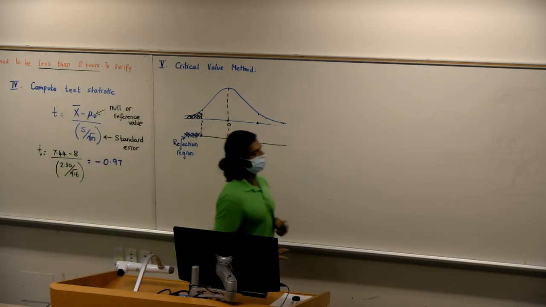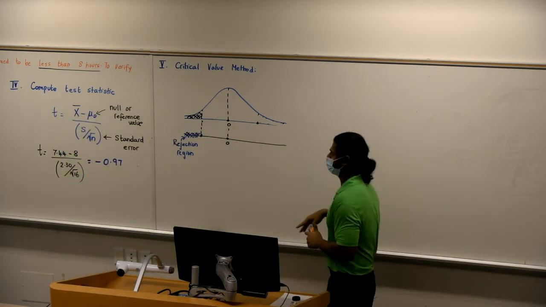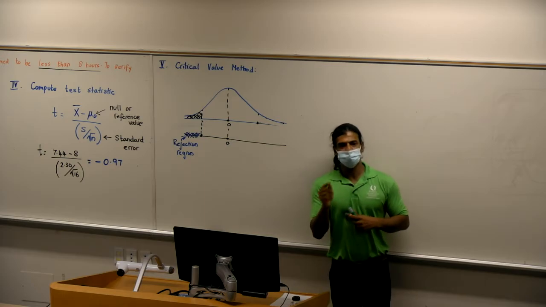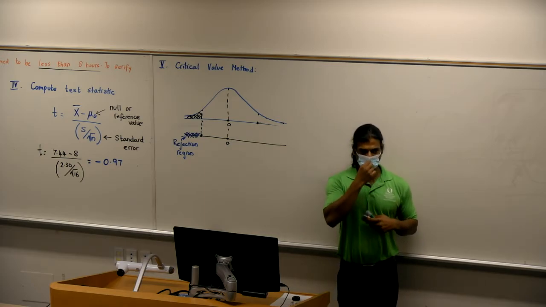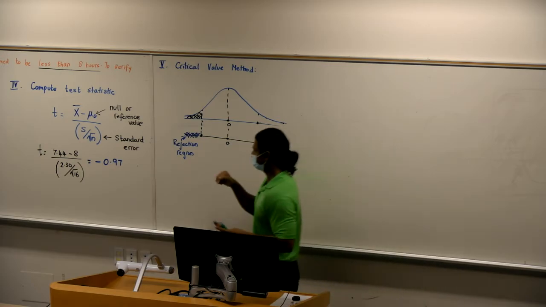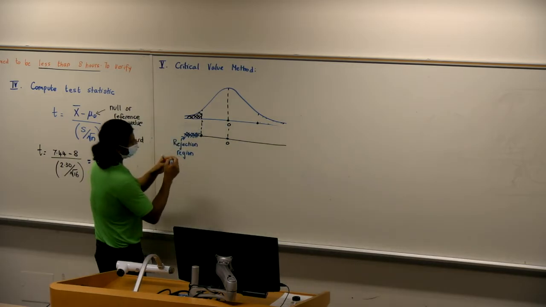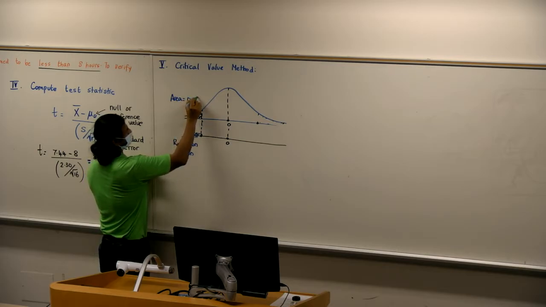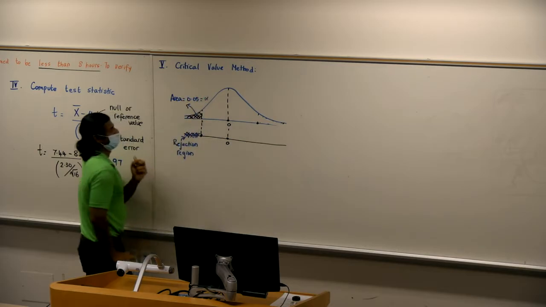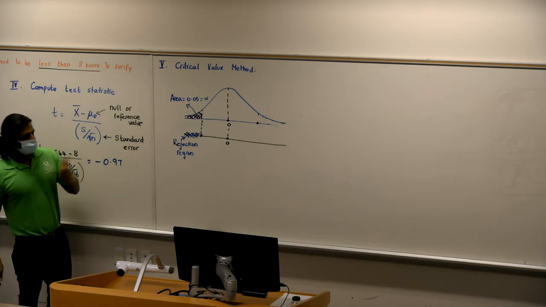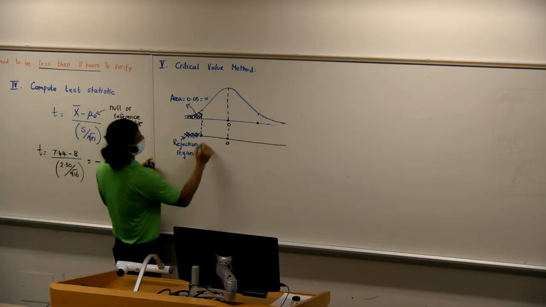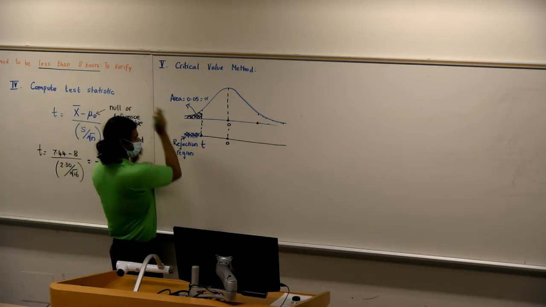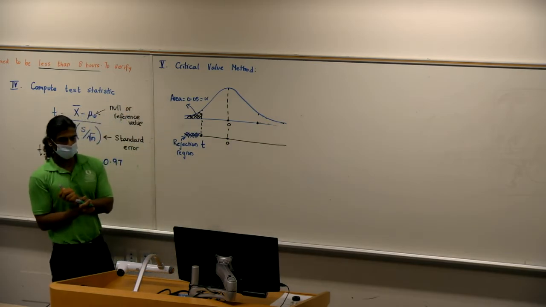And how do we find that critical value? We find that critical value by using the value of alpha that we chose at the very beginning. What is the value of alpha? The value of alpha is 0.05. So the notation here is t, because we're using a t-distribution.